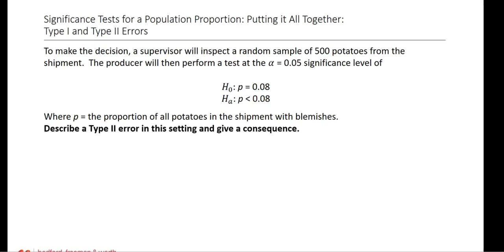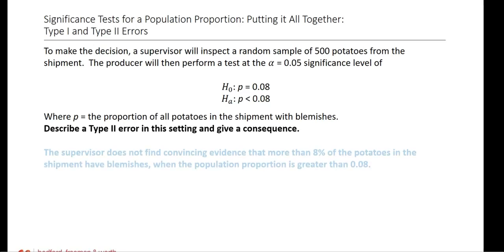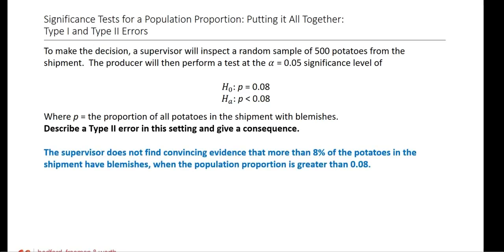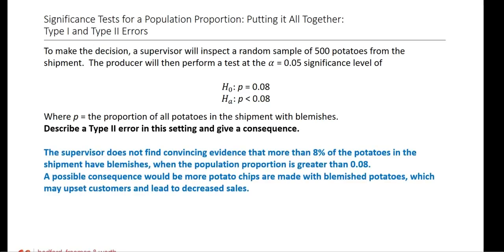We kept it and used it, and there were tons of blemishes on those, right? So now our customers can be mad at us. They're like, how come there are so many blemishes on these potato chips? Because when you cut them up, that's what happens. So possible cuts are made with blemished potatoes, which may upset customers and lead to decreased sales. Either one is bad for business. You want to make the correct decision, right? That's what businesses want to do here.